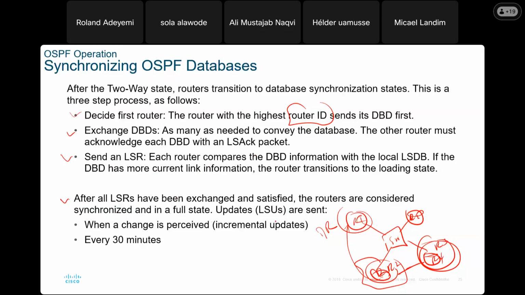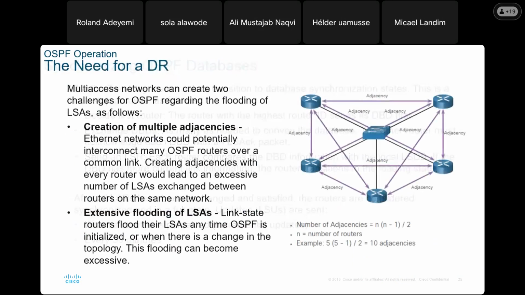Link state updates are sent. How? When a change is perceived, there is an update that will be sent. Updates are sent every 30 minutes. Meaning what? Even if I don't have any new thing to tell you, I'll still tell you what I told you before, just for you to be aware or for us to be on the same page.